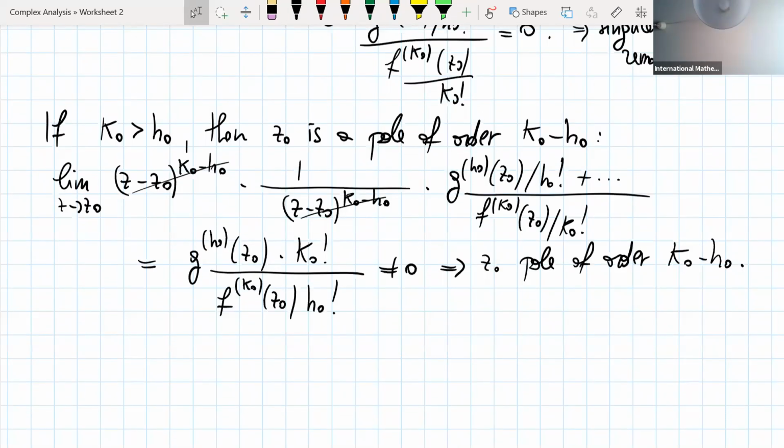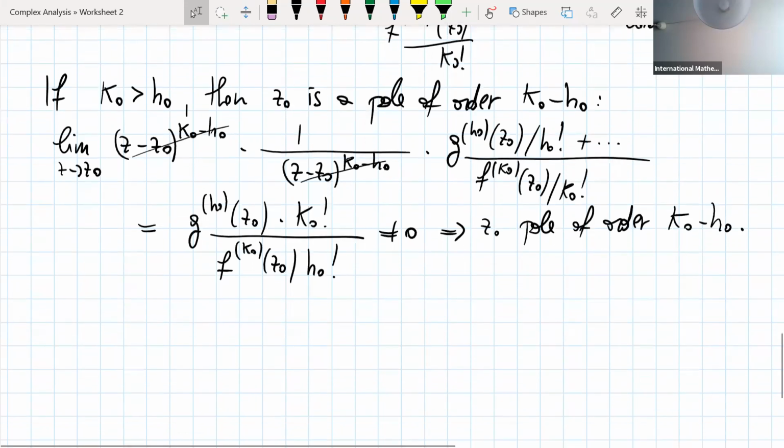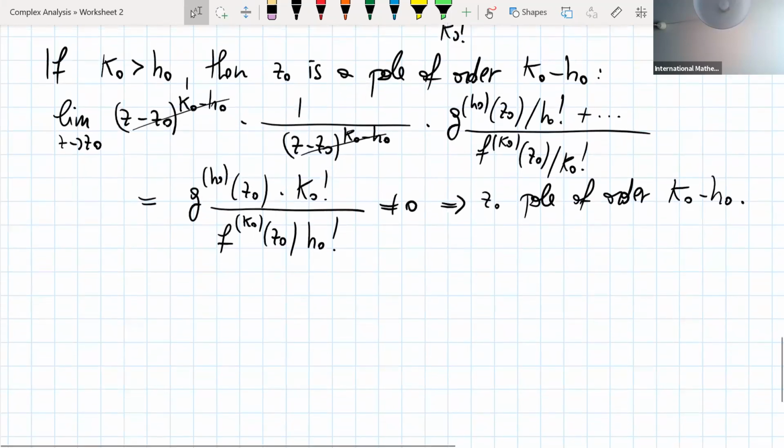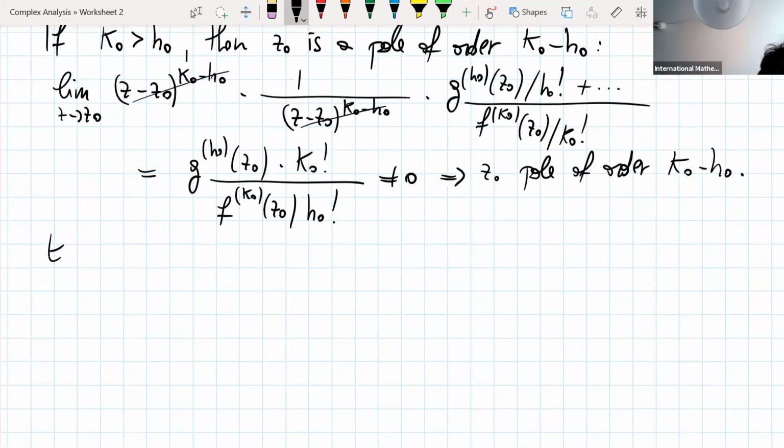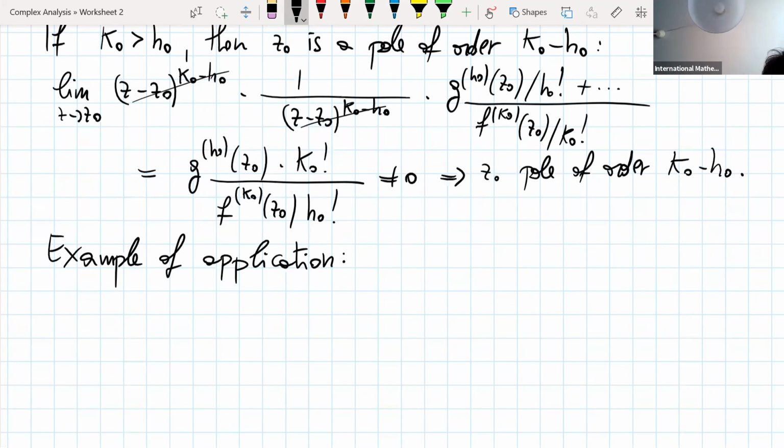Maybe we can give also here an example of application of this criterion. So in this case, let me consider h of z equal to e to the z minus 1 divided by sine of z cubed.